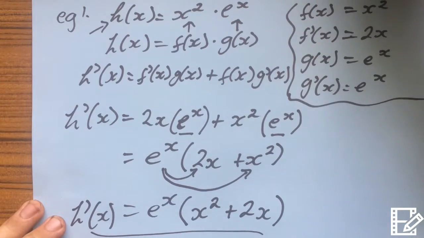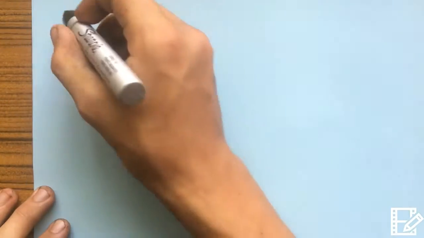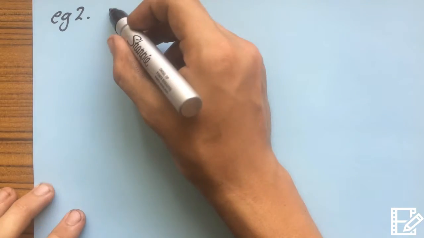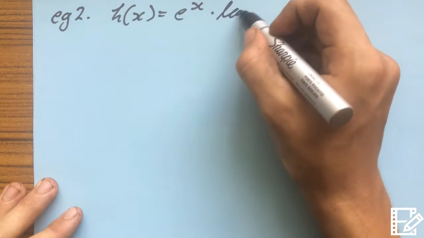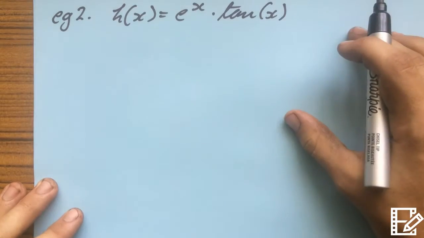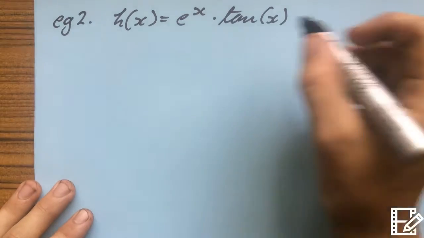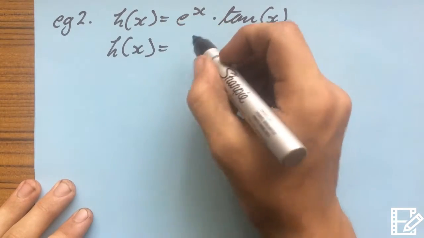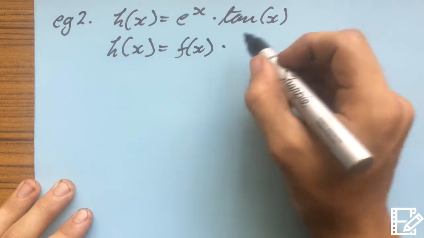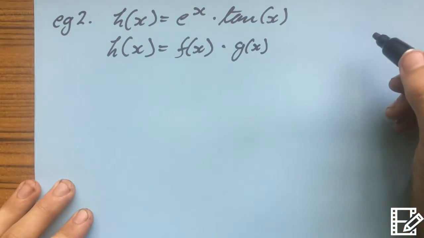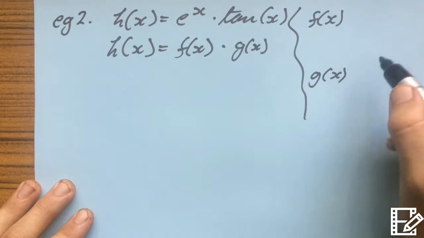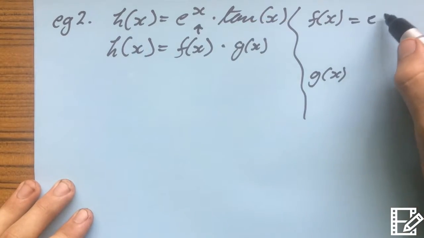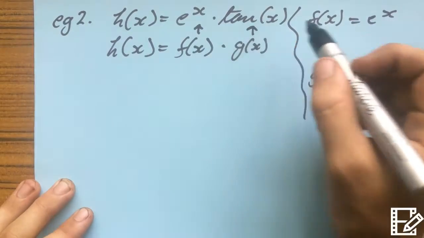Okay. On to another example. e^x multiplied by tan of x. So we have two functions, e^x multiplied by tan x. If we separate the page and label them, we make f(x) e^x, we make g(x) tan x.